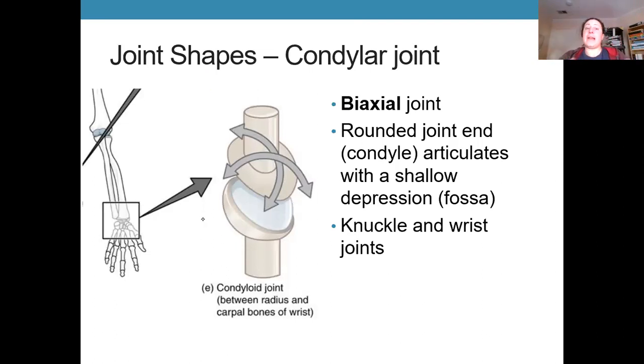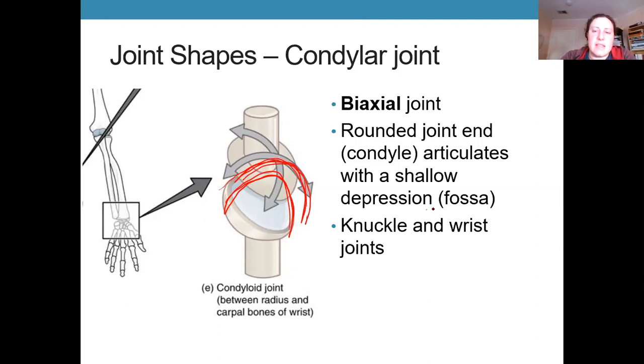We have a couple of biaxial joints, or joints that can move in 2 planes. And one of them is called a condylar joint. So a condyle is literally just a rounded joint end. It's kind of an oval shape. So here, again, we have this rounded convex bone end fitting into a rounded concave bone end.